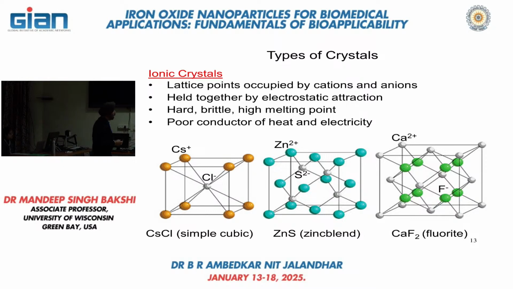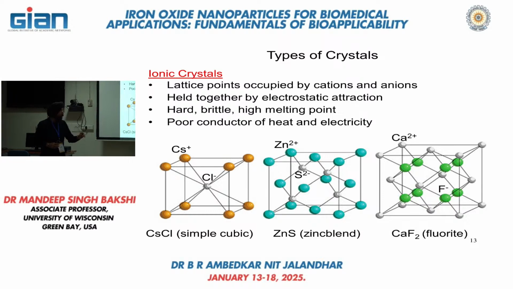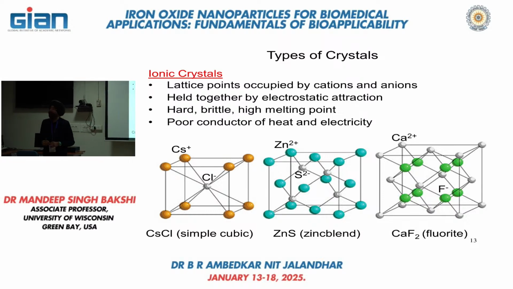Here you will see that cesium chloride, 1 cesium atom in the cationic form, combines with chlorine in the anionic form: cesium cation, chloride anion. Likewise zinc sulfide, and then over here we have 2 fluorines for 1 calcium, or 1 calcium cation and 2 fluoride ions. How can we derive the formula from the unit cell?